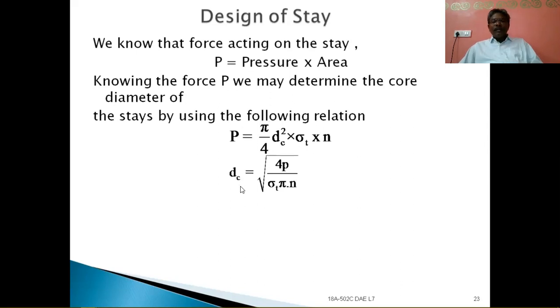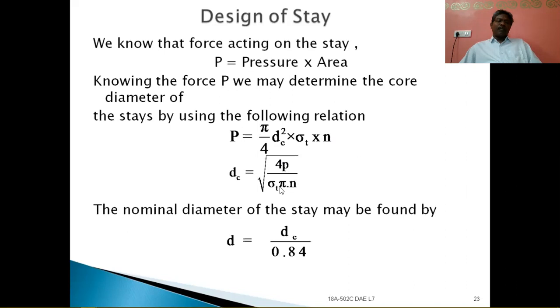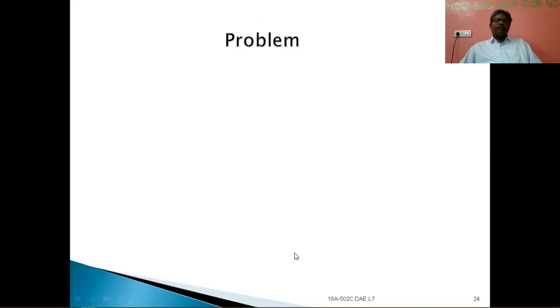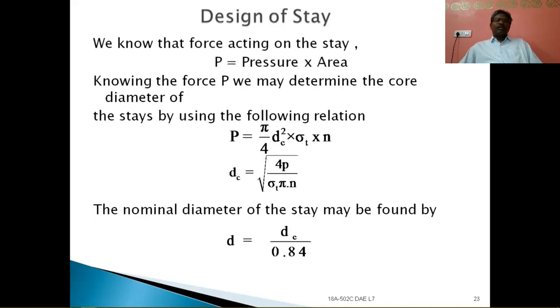So here DC is equal to under root of 4 capital P by sigma T pi into N. So the nominal diameter of the stay may be found by D is equal to DC by 0.84. So this is all about the design of stay.